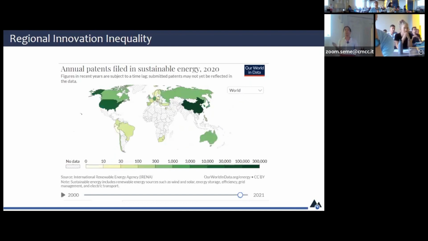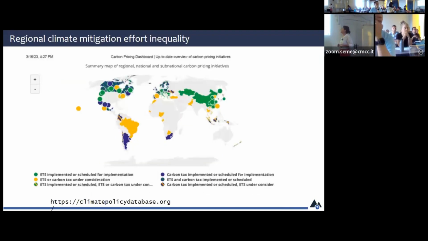And there's very different ability to innovate, or actually the stock of patents is very, very heterogeneous across countries. And we could go on and on. We could look at the rare materials map. We could look at the already prepared capacity to build new wires for underwater cables, et cetera. Very heterogeneous. And this is what the climate policies we have already seen in the world, and again, huge heterogeneity.